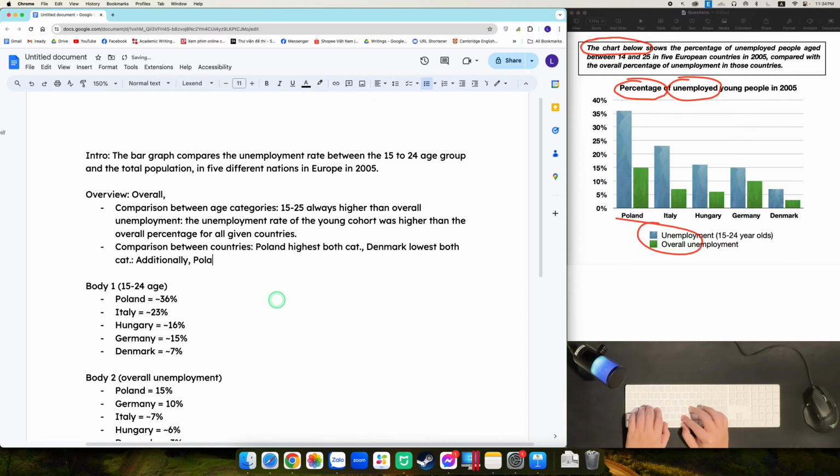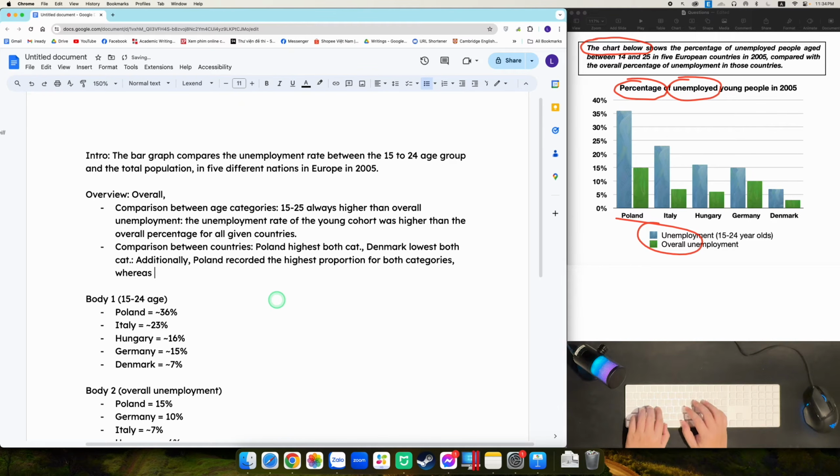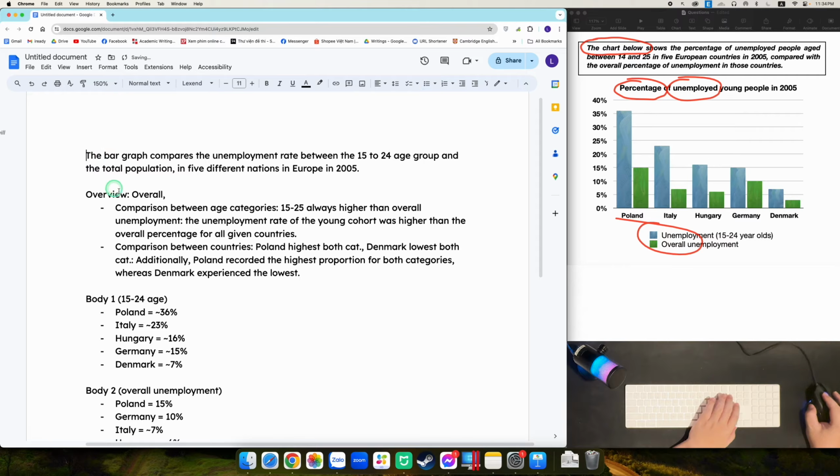Additionally, Poland recorded the highest proportion for both categories, whereas Denmark experienced the lowest. Okay, so that's our introduction and overview.